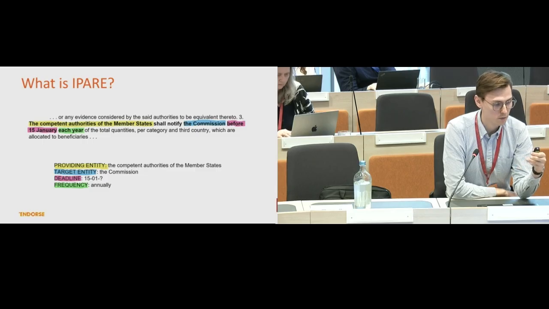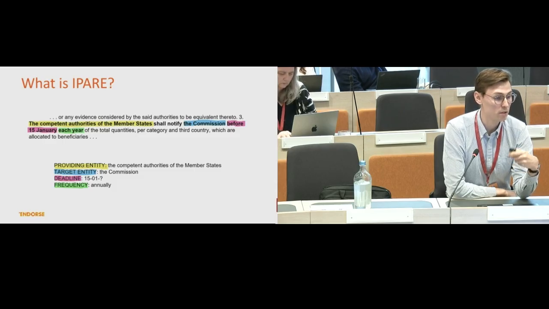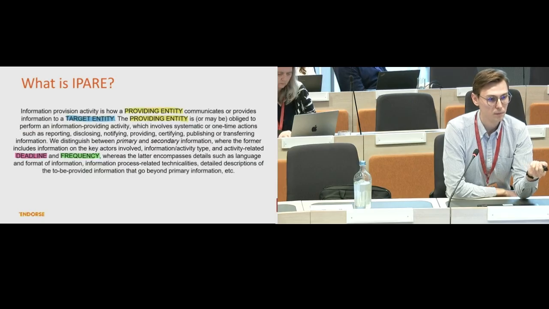And within IPARE, we focused on 4 slots, which are the providing entity, the target entity, the deadline, and please note that the deadline here is actually standardized to a common format to help us analyze and work with this data later on, and an expression of frequency that also comes in a standardized format.